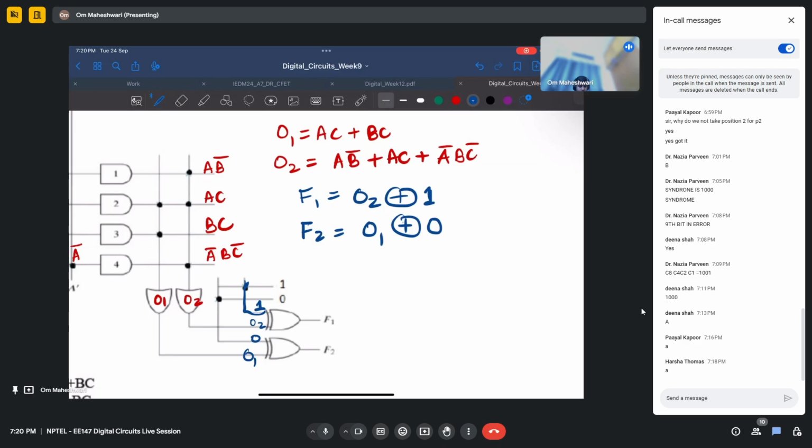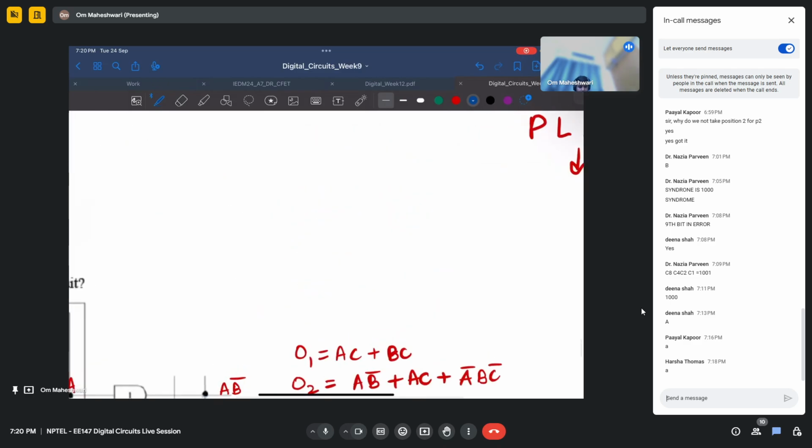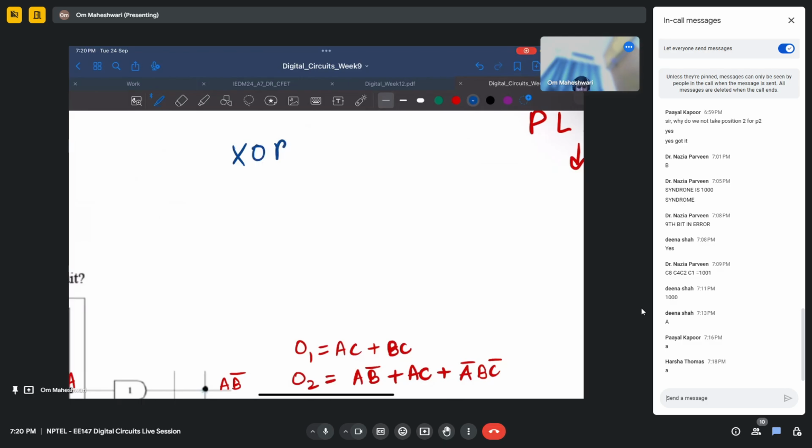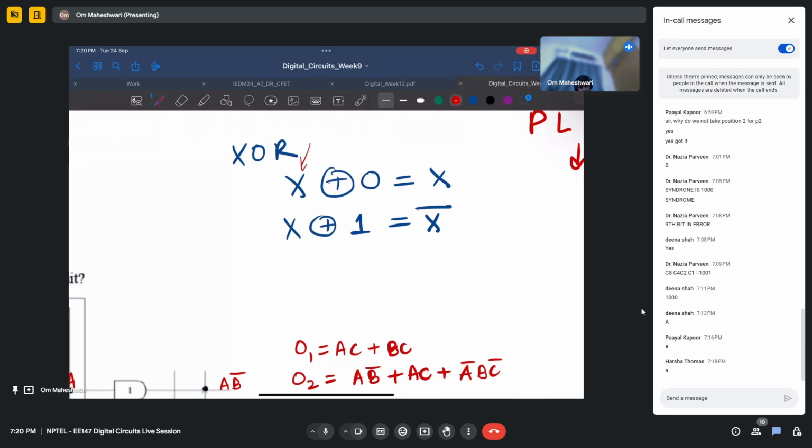One thing to remember for XOR gate: let's say it is X XOR 0, X XOR 1. X XOR 0 is always X, and X XOR 1 is always X bar. Why? Let's say in the first case, X can be either 0 or 1.